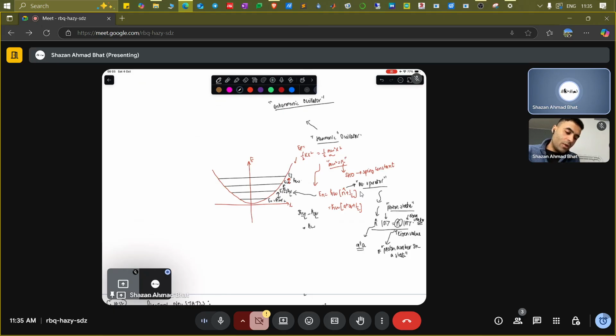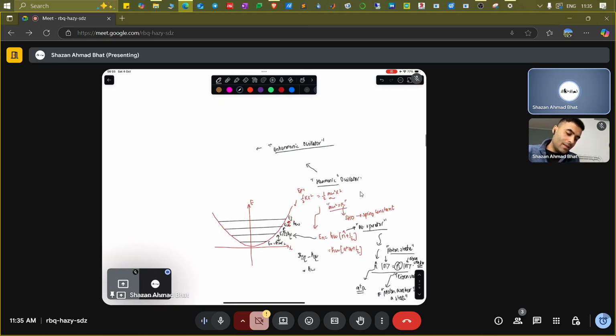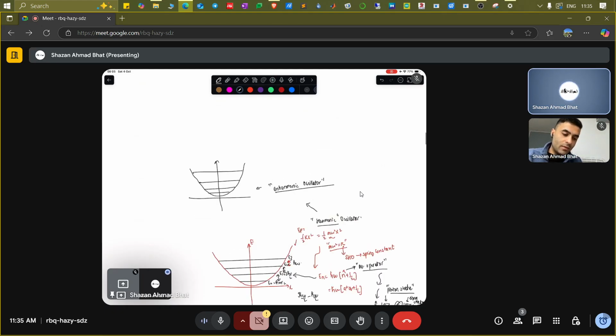And when you solve the problem for the anharmonic oscillator, this spacing is not going to be the same. It's going to be different. Just like, if you remember, what happens in a quantum well, I'm trying to make an analogy with the electrons' energy states.